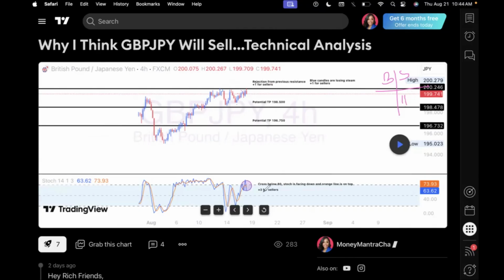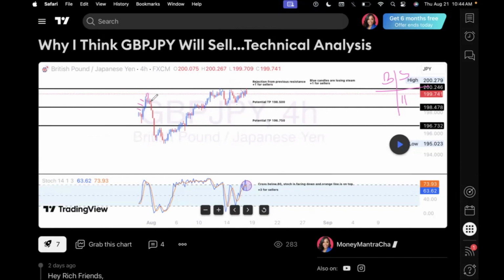Now, this is important because this lets you know if the market is changing directions or if there's going to be some type of reversal. And here's another example of this. We see we have a blue candle, right? We see the blue candle getting weaker. We see the blue candle starting to get some resistance from the top, and we can tell by that wick. Simultaneously, we see a small red candle form.